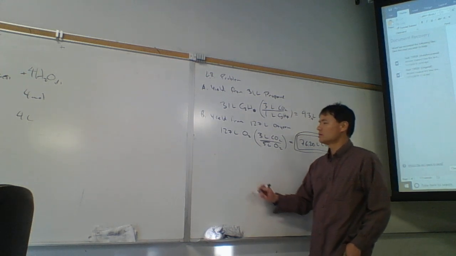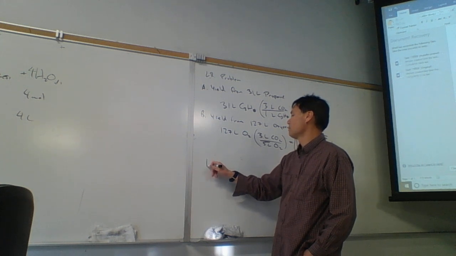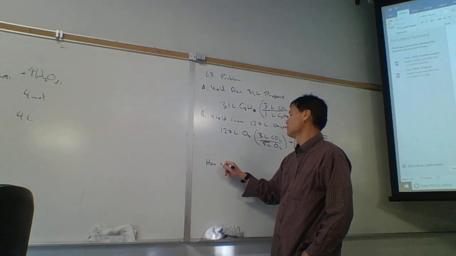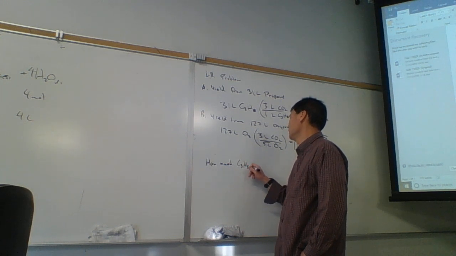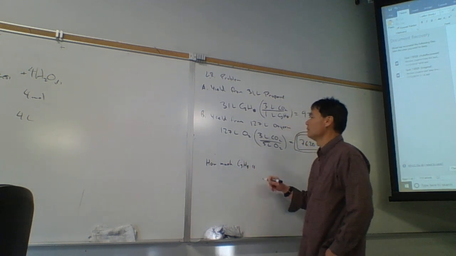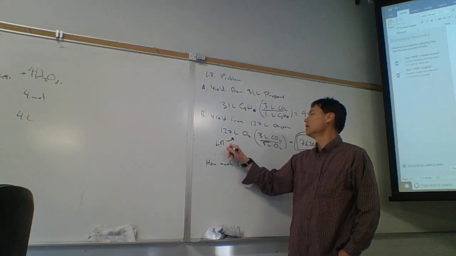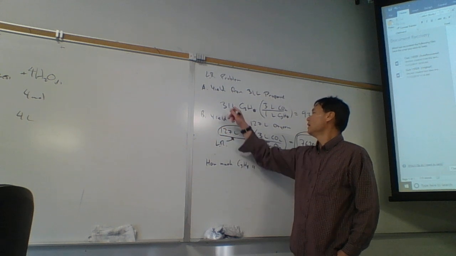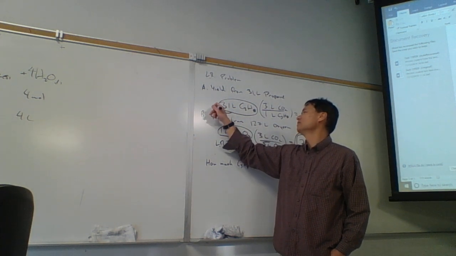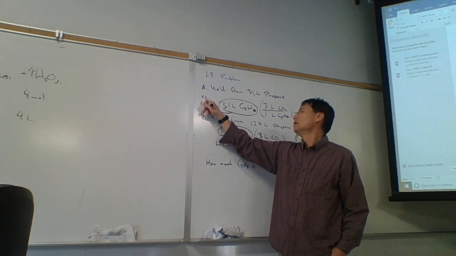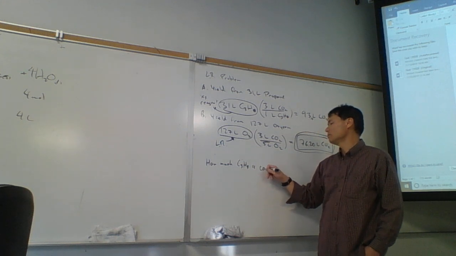In fact, I didn't ask you this, but how much of the propane is consumed? How much C3H8 is consumed? Well, not all of it, because the oxygen is called our limiting reagent, our LR, and the 31 liters of propane is our excess reagent. So the excess reagent, we're going to have some left over. Well, we can figure out how much is consumed by the LR.